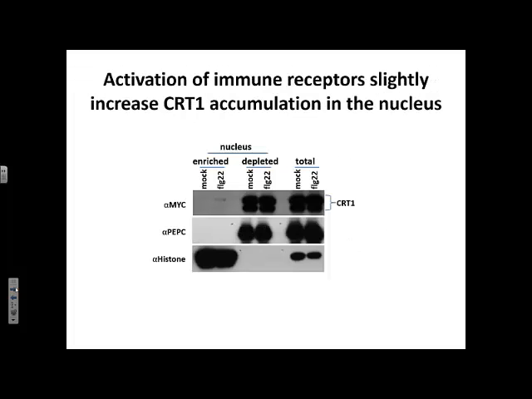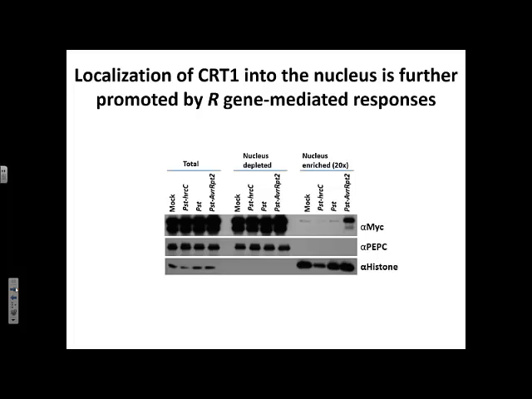This is the 10 minutes after, and this is the 16 hours after. And when we assess the amount of CRT1, we particularly see enhancement of CRT1 in the nucleus when we infiltrate with avirulent pathogens. So ETI seems to further enhance localization of CRT1 into the nucleus.